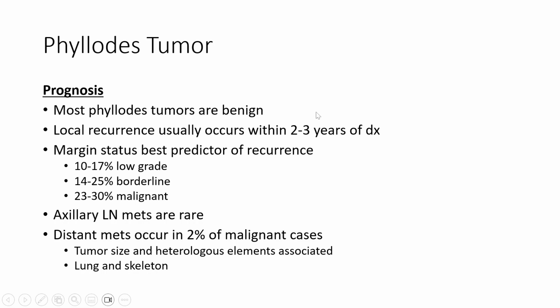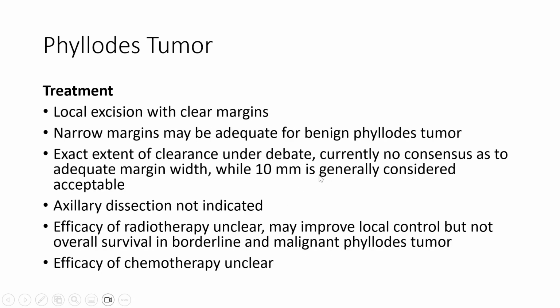Benign phyllodes is totally benign, but still has some local recurrence rate within 2 to 3 years of diagnosis. And the margin status is the best predictor of recurrence. And even in malignant phyllodes, axillary lymph node metastases are really rare.